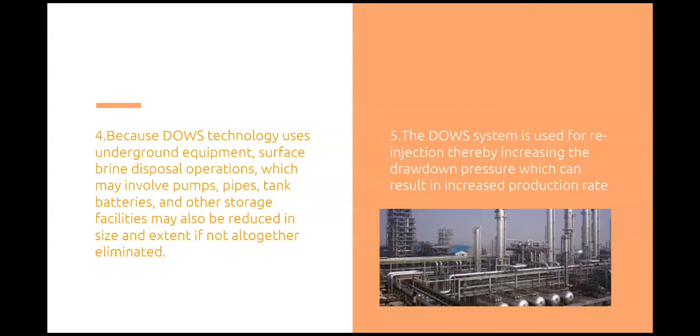For the fourth advantage, because downhole oil water separator technology uses underground equipment, surface brine disposal operation, which is the produced water disposal operation that may involve pumps, pipes, tank batteries, and other storage facilities, can also be reduced, hence minimizing the facility size and reducing the additional cost of facilities.